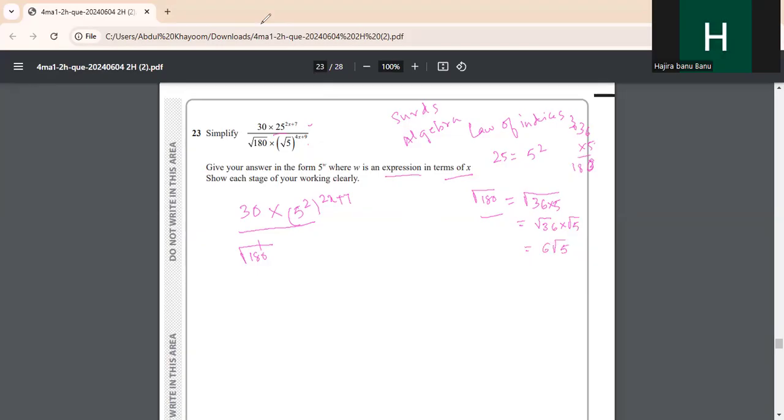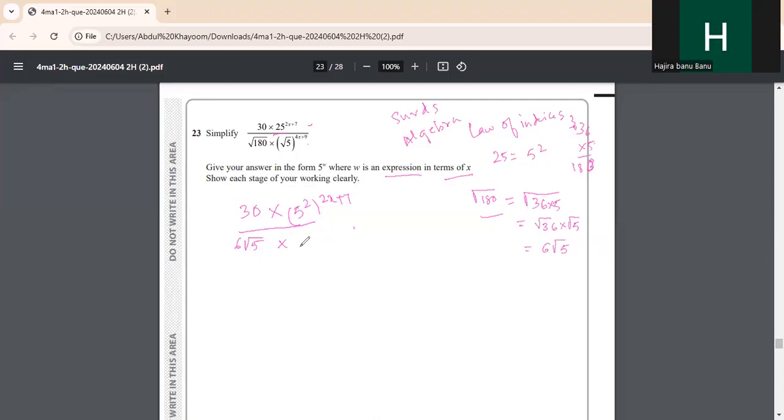So let me erase this root 180 and let me write it as square root of 6 root 5 times now root 5 whole to the power of 4x plus 9.